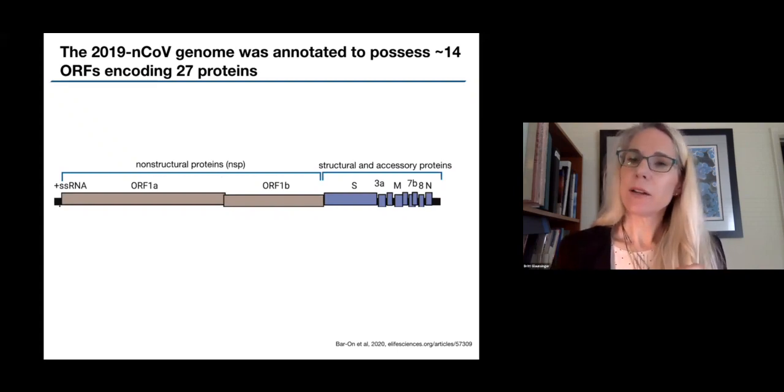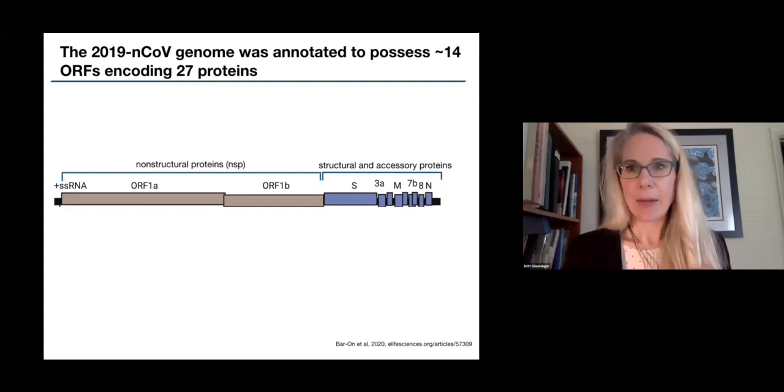And the CoV-2 genome has been annotated to possess, depending on the annotation that you look at, about 14 different open reading frames that encode 27 or so different proteins that are required for getting this virus replicated and new progeny virions to form.